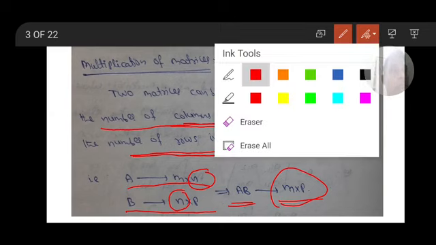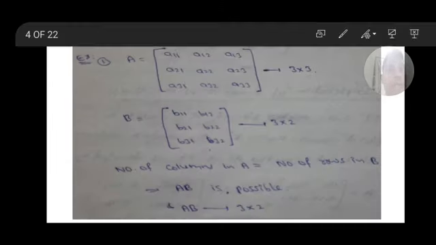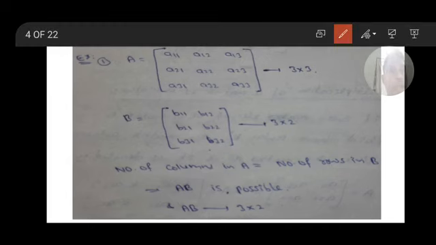Next, suppose how to multiply and find the resultant matrix. Suppose A with elements A11, A12, A13, A21, A22, A23, A31, A32, A33 is a 3 by 3 matrix, and B with elements B11, B12, B21, B22, B31, B32 is a 3 by 2 matrix.